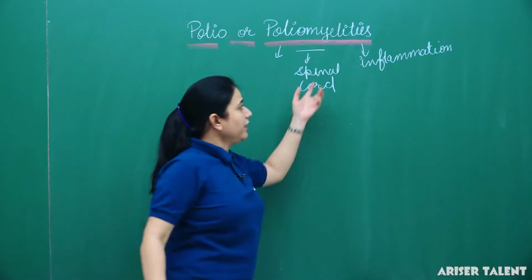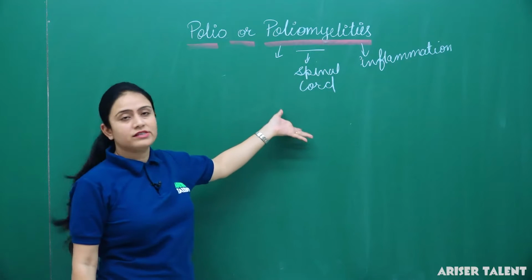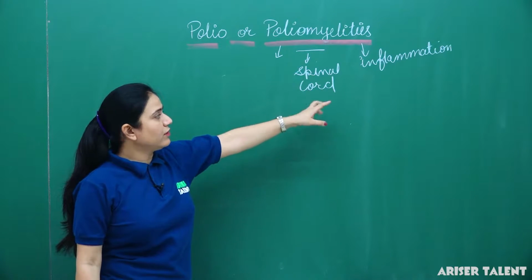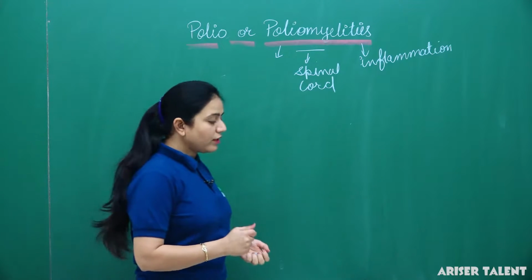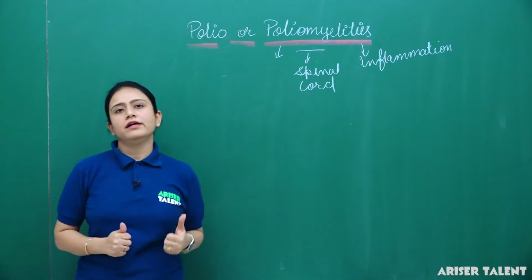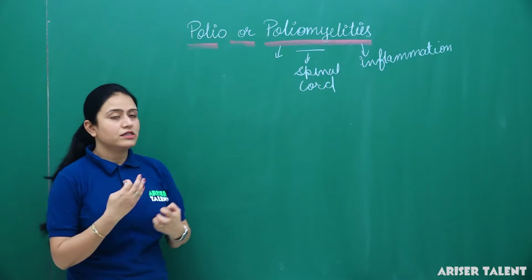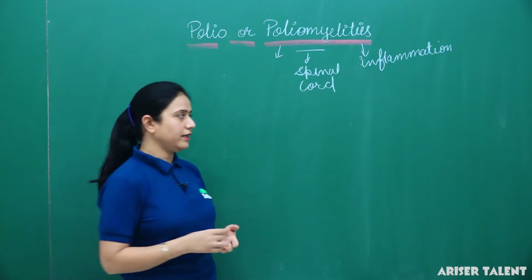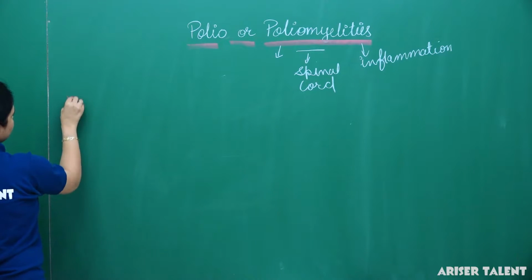So wherever it is added, it means inflammation. The word itself describes that it causes inflammation of the spinal cord, meaning it becomes red or swollen. Generally this disease occurs in children, and it occurs by the mouth or directly. So let's discuss the disease polio.